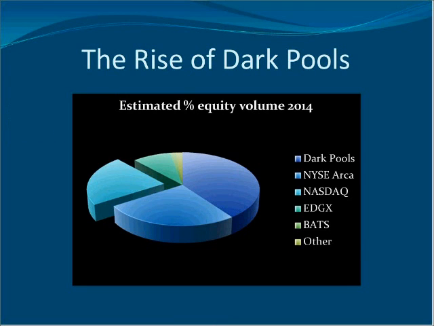While dark pools have not yet really infiltrated the options market in any significant way, there are some examples of limited dark pools. Right now, they represent about 40% of all equity volume for stocks. And because most things that start out in the equities market eventually migrate over to the options market, I would expect at some point that would show up in the options market as well.